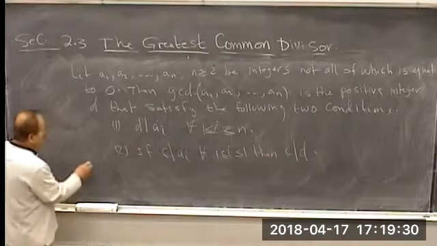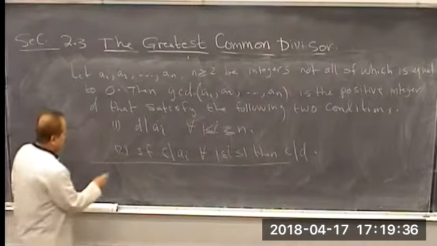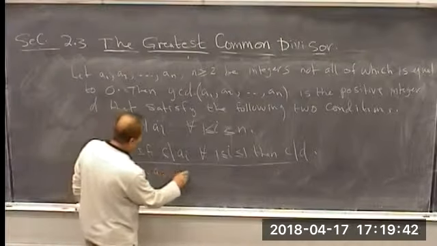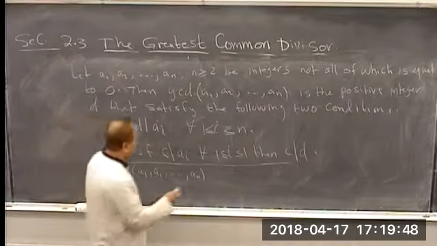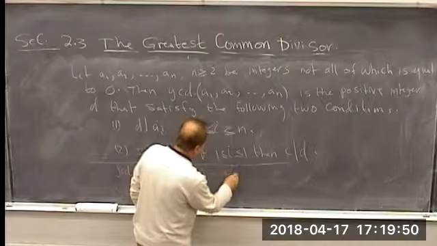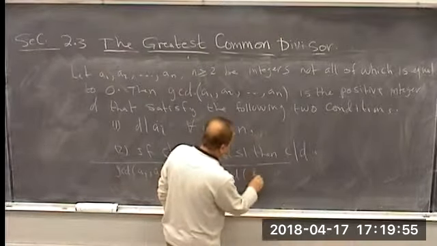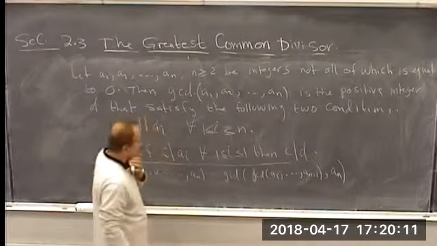And it's not very hard to also prove something like this. You take the greatest common divisor of all of these, A1, A2, up to AN. You can group these in any way you like. For example, you could say the greatest common divisor, we put inside, the greatest common divisor of A1 up to AN minus 1, and AN. Now you could see this recursive relationship.